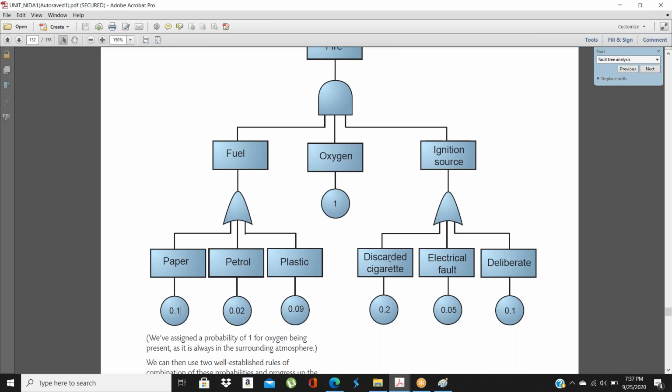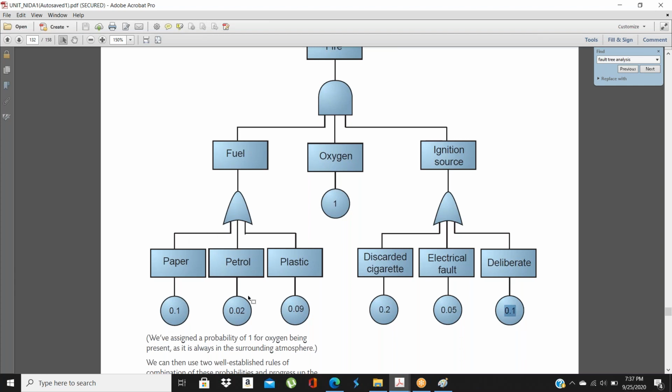Because some people are smoking there, the probability of a cigarette, depending on your study, is maybe 0.2. This is only a supposition, not an exact value. Electrical fault is 0.5, and deliberate is maybe 0.1. There may be some bad person in your company who may deliberately do this.